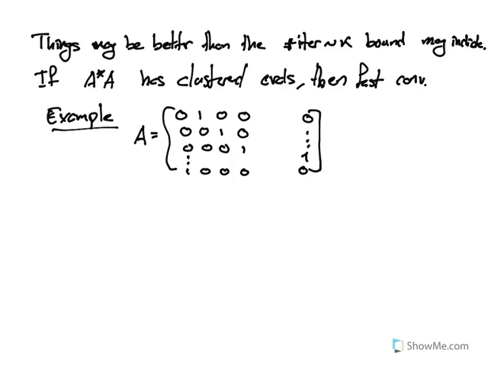Then the eigenvalues are the roots of unity. If this is m by m, there are m distinct eigenvalues, so if you try to solve Ax equal to b for this matrix, then Arnoldi will basically not converge at all because the eigenvalues are not clustered in any sense. But A star A, in this case, is identity.